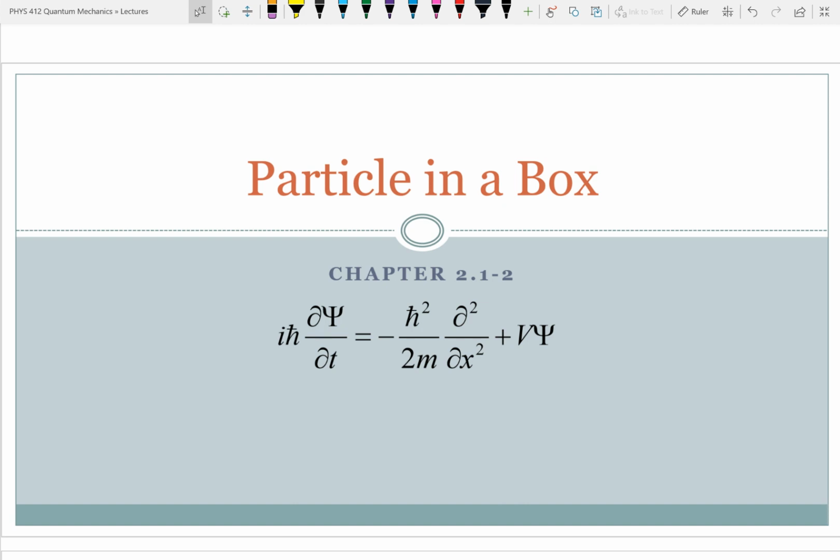Can you see the error in the equation on the screen? When you see it, you'll see it's really significant. There's something amiss with this term right here.